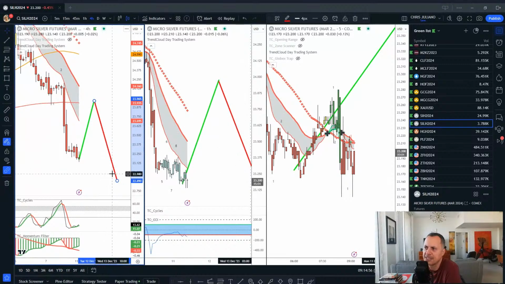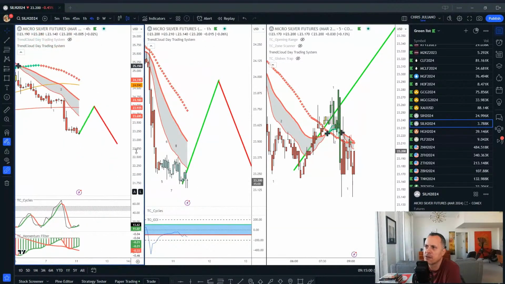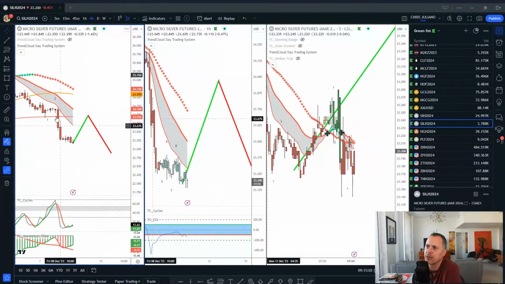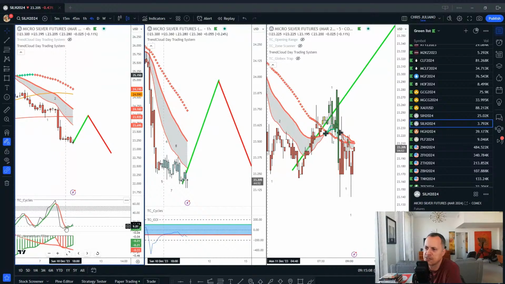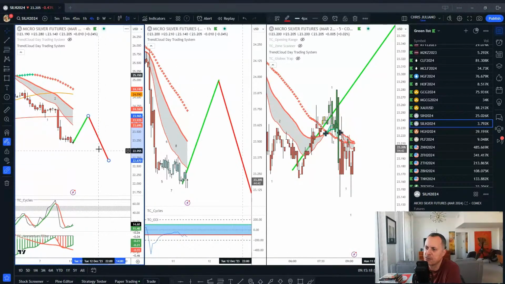You're impulsing down with the trend. Okay. Does everybody see that? Downtrend, cycling down, that means you're impulsing down. Downtrend, correcting up into the trend cloud until you get that impulse back down.